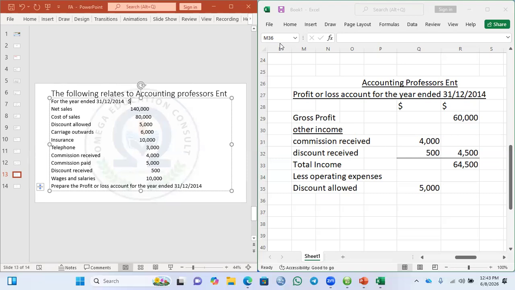Discount allowed is the amount of money or the percentage of money a business allows on an item that is being sold. 1.11 over 3. Prof. Stacy, let me hear you.